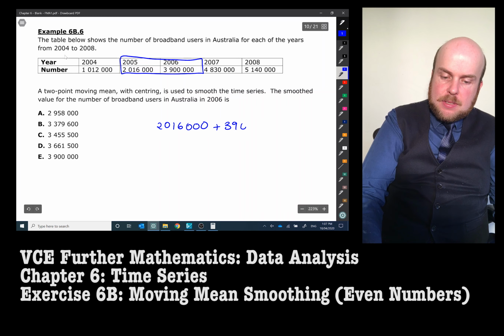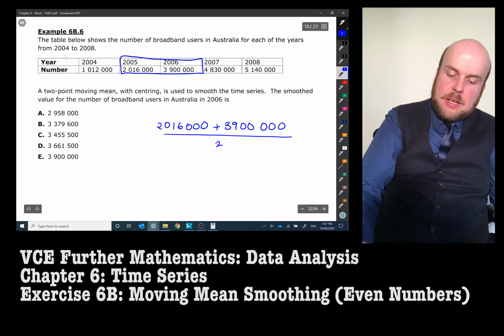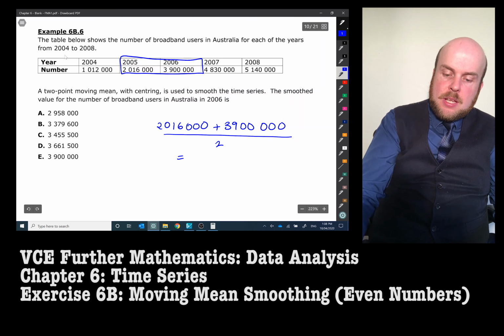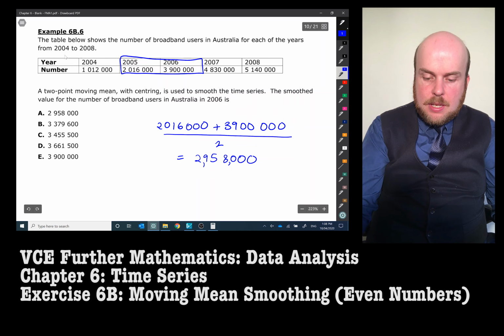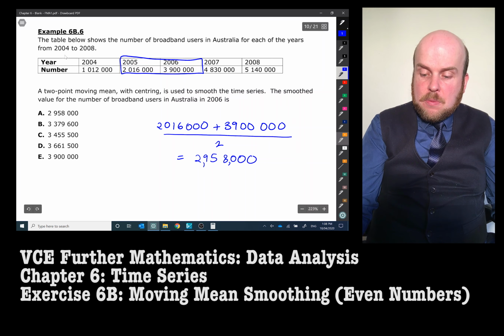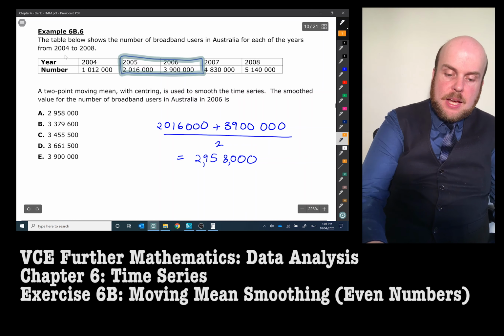2016000 plus 3900000, and we divide that by 2, and we get 2958000. There we go. And then we're going to find the other 2 where 2006 is involved.